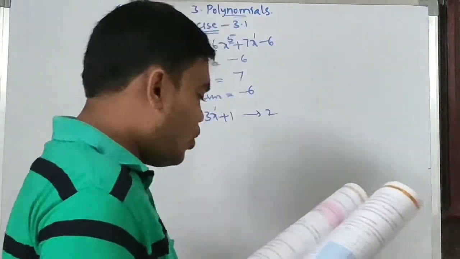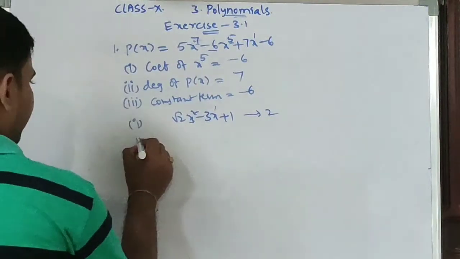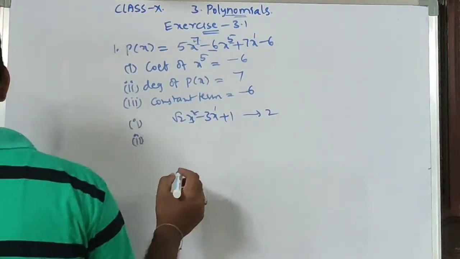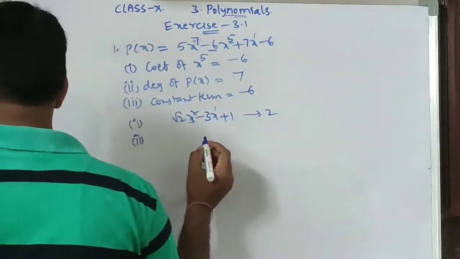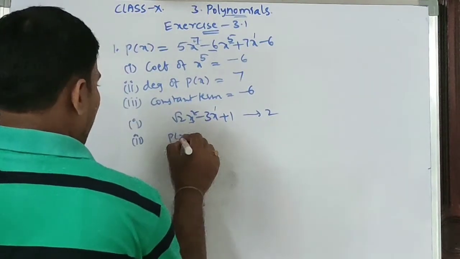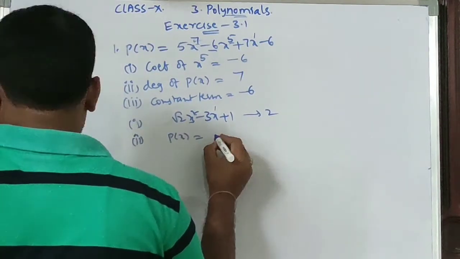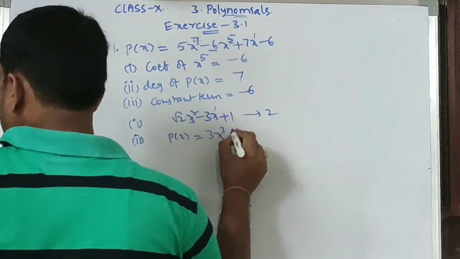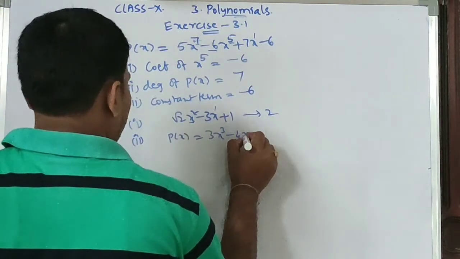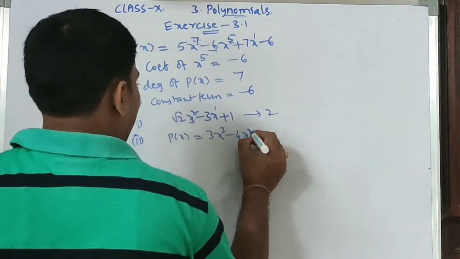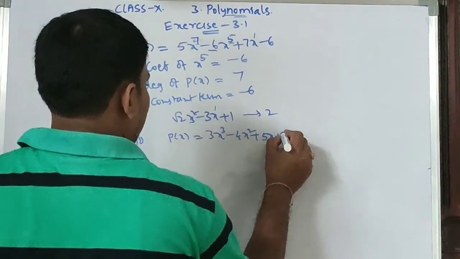Second, the coefficient of x square in the polynomial P of x equal to 3x cube minus 4x square plus 5x plus 7.